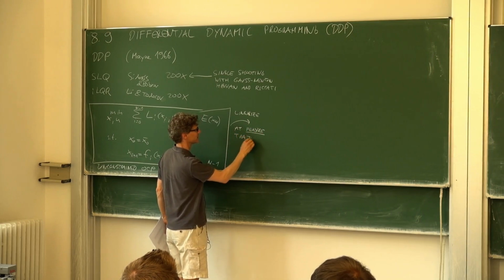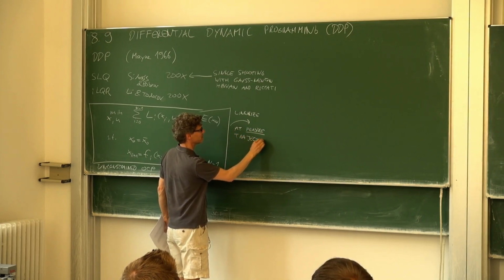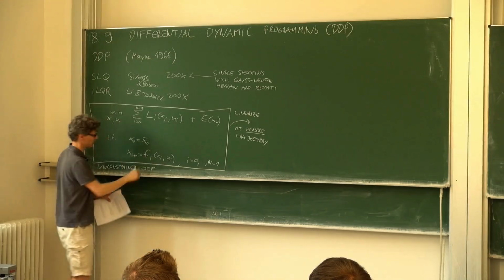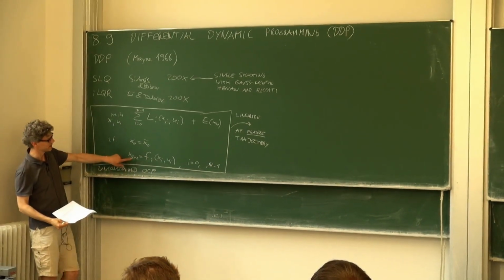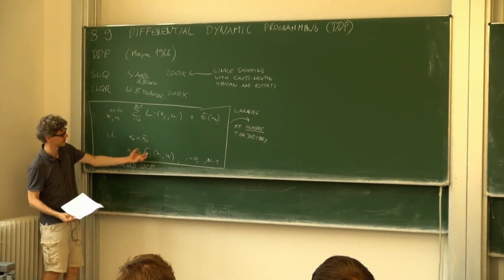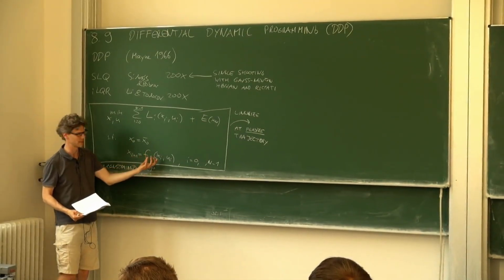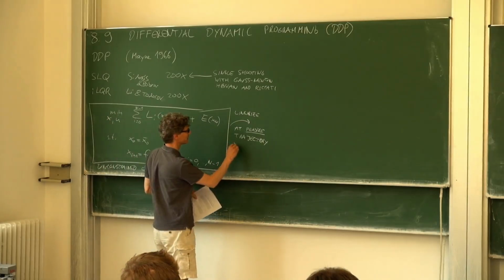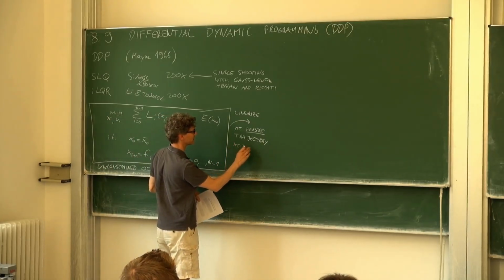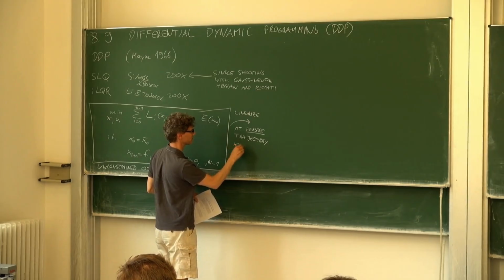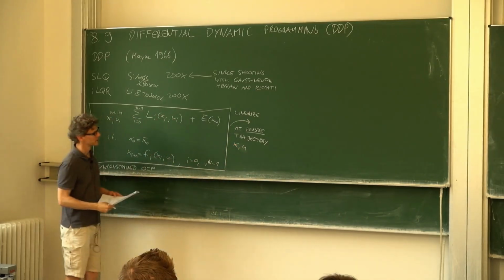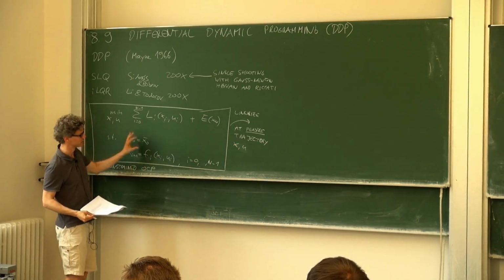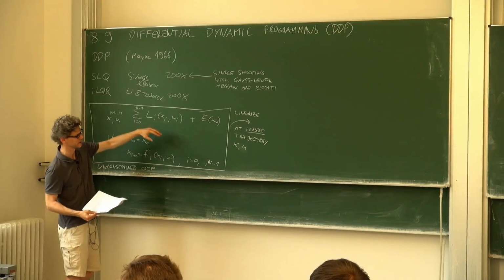And feasible for this case means only that each following x is really given as this nonlinear map here. So at a feasible trajectory, x and u, you can linearize it.